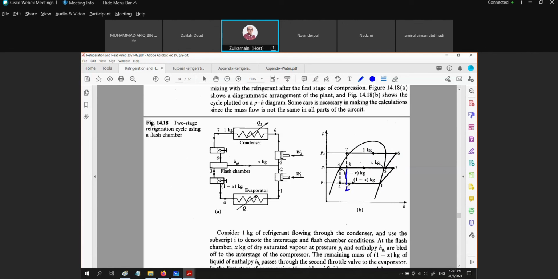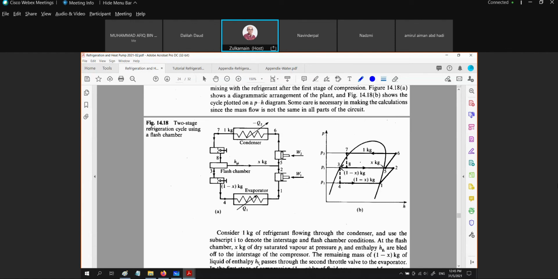This is the point 4. But when we use this flash chamber, what happened? The MF will flow to the left, where the condition is saturated liquid.